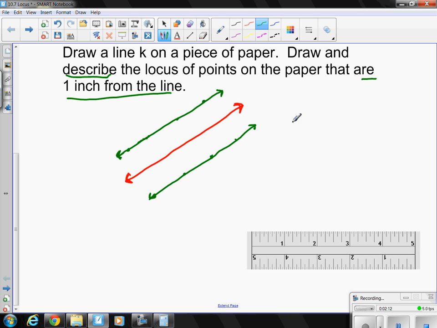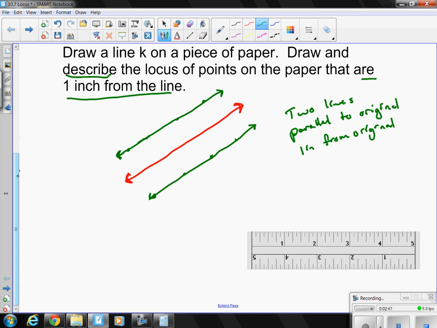I'd say, 2 lines parallel to the original line, 1 inch from the original. Something like that. I'm not the best describer, but it's important to describe them.